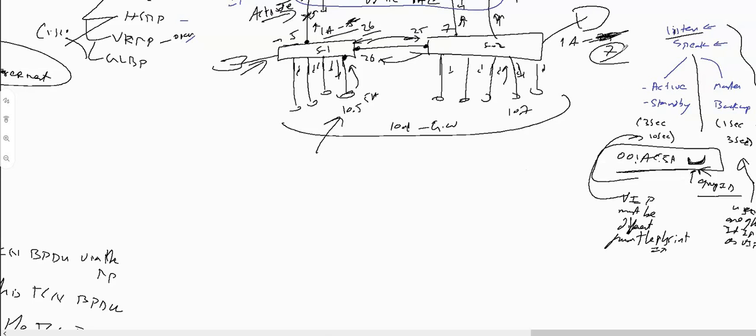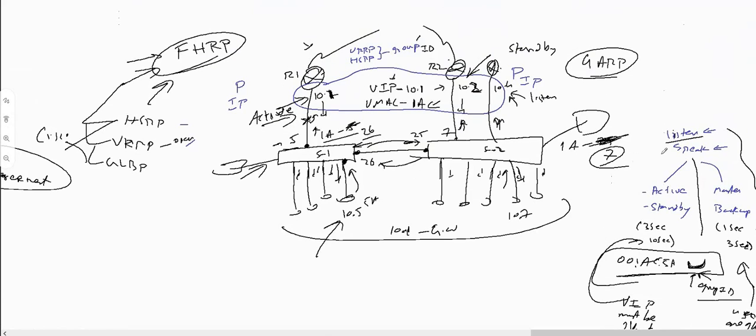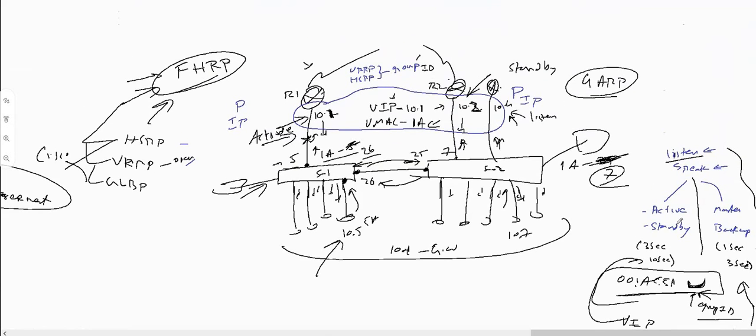Yes, Deepak, you want to ask something? My query was, in the ARP, VIP and MAC address would be the same for both routers? Yes. Doesn't router 1 have the VIP and the MAC address, and if it goes down, router 2 will adopt the same virtual MAC address as well as IP?